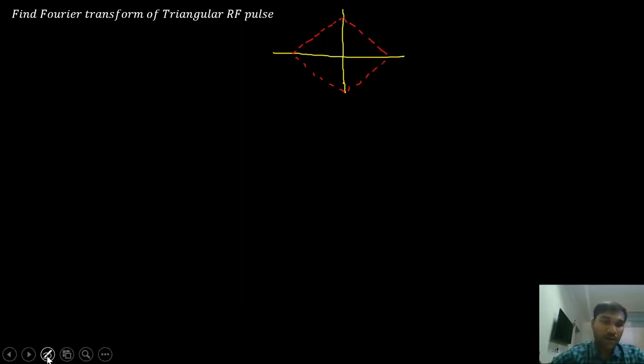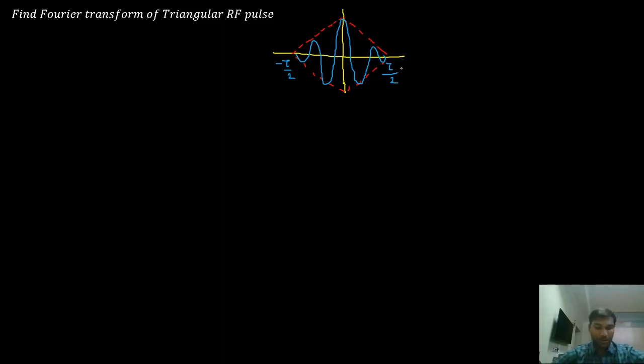So my pulse will lie in between these, triangular RF pulse. So it's a cosine. Again, this is from minus tau by 2 to tau by 2.